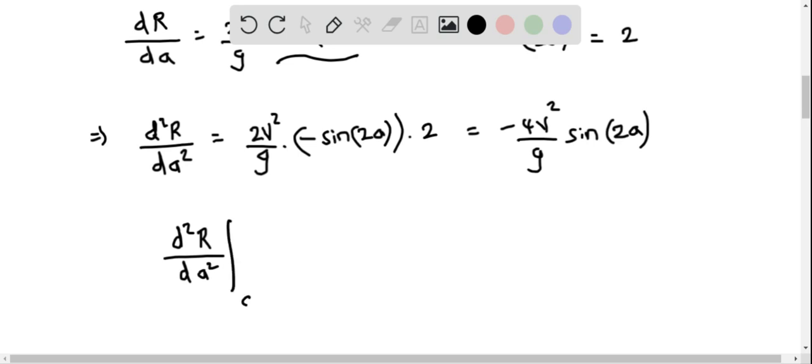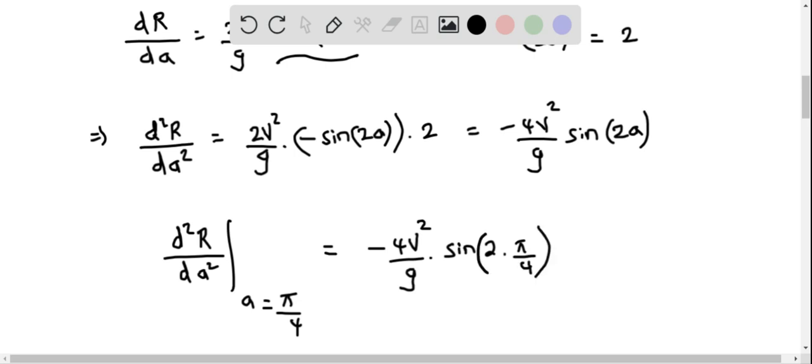Plug in the critical point, that is a equals pi by 4. And so this equals negative 4 times v squared by g, sine of 2 times pi by 4, so it becomes like this. And so this gives negative 4v squared over g, and then times sine of pi by 2, because we can cancel this.